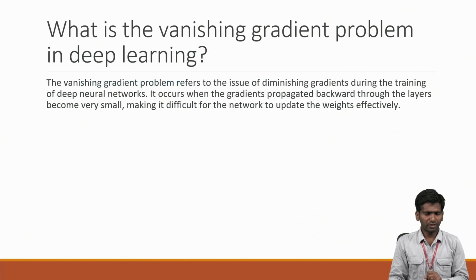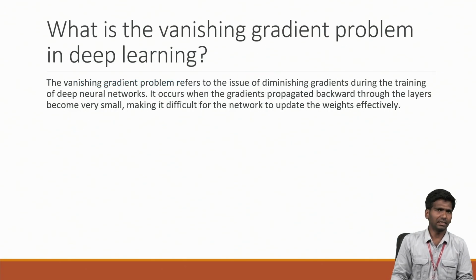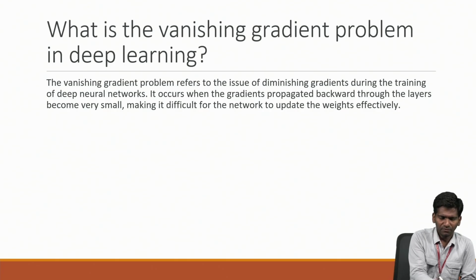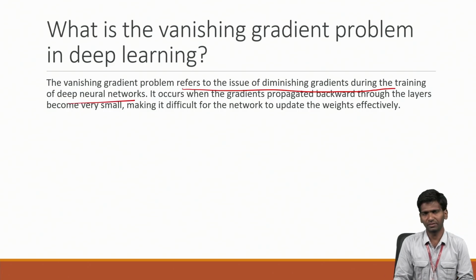Let us see it in contrast to deep learning. The vanishing gradient problem refers to the diminishing gradient during the training of a deep neural network. As I said, with the different activation functions, the neurons start to disappear by getting fired to infinity or to very small or zero values.